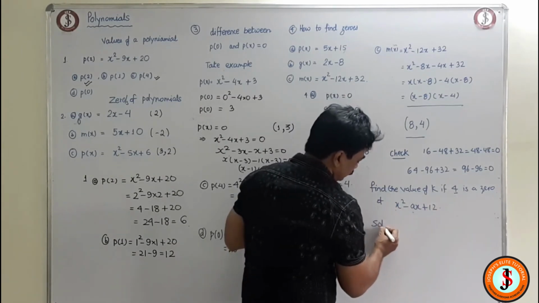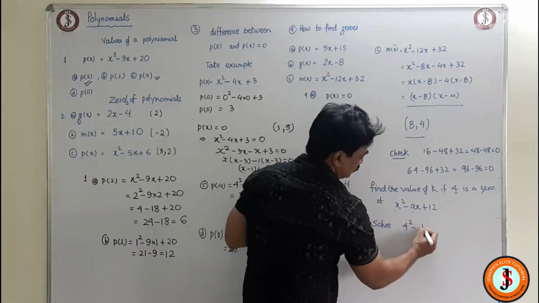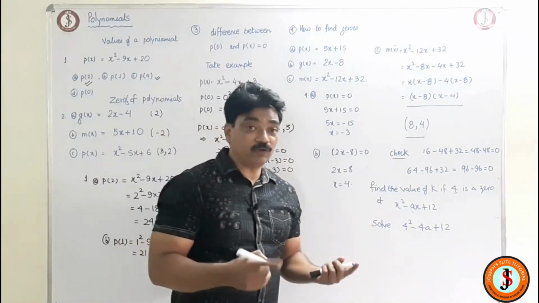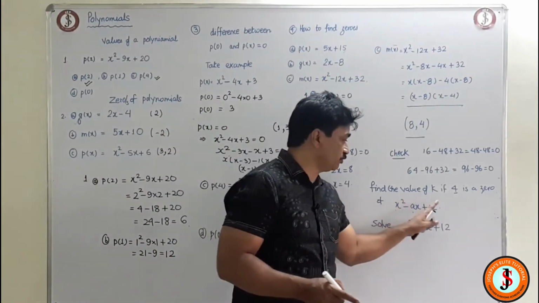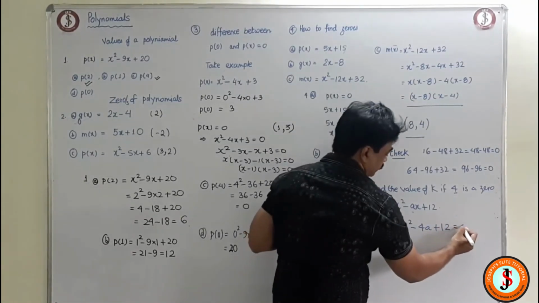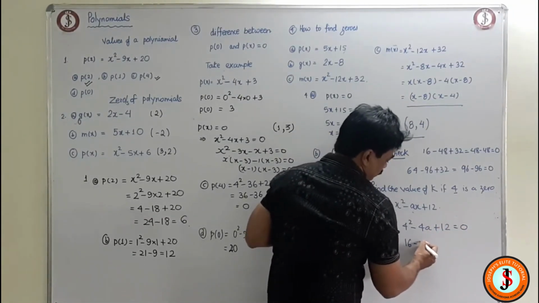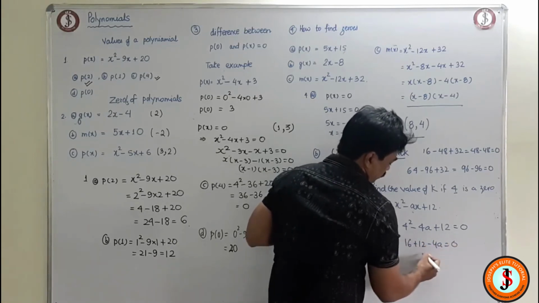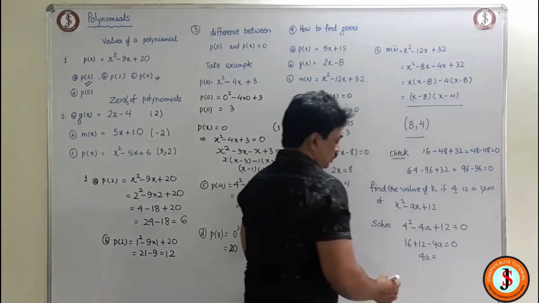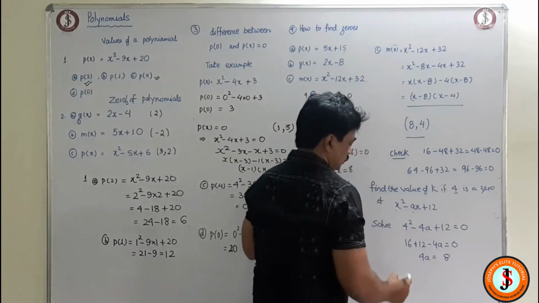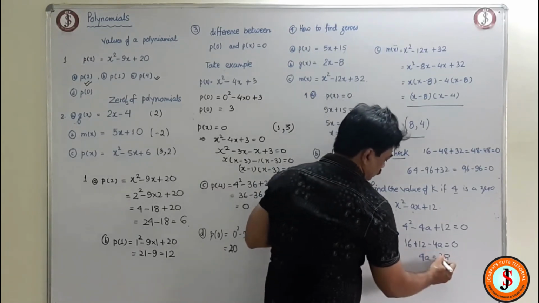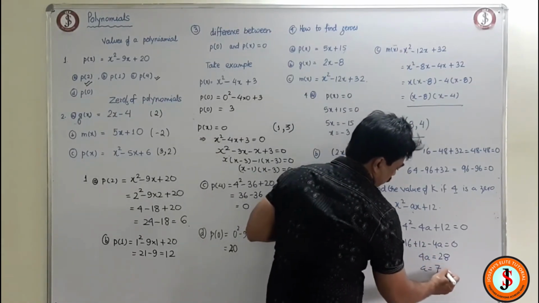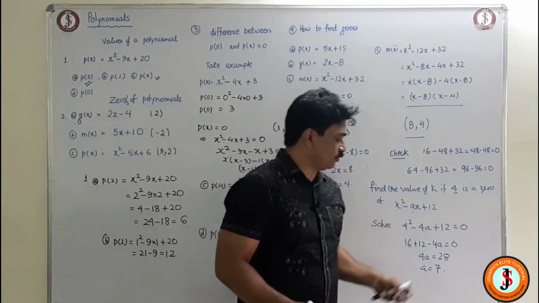So we solve 4 square minus 7 times 4 minus 4a plus 12, that means you are putting 4 instead of the variable. So 16 minus 28 plus 12 minus 4a is equal to 0. So 4a will be equal to 0, and a will be equal to 7. Wait, a is 7, so the value of a is 7.